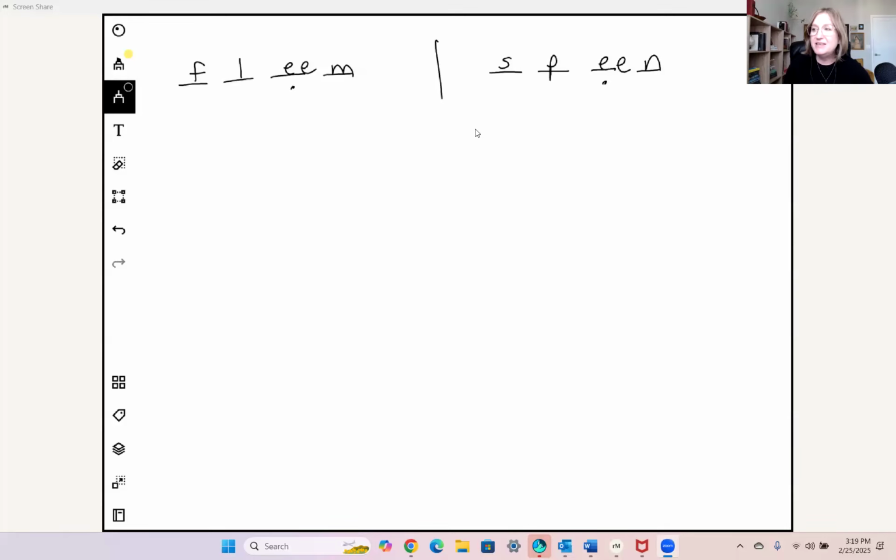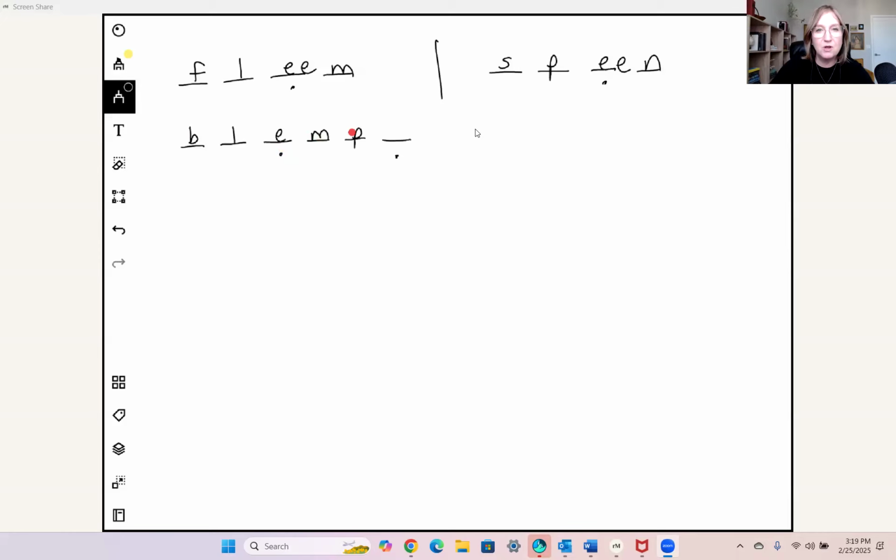Okay, number 2 is blempy. Blempy. B-L-E-M-P-E. Consonants first. B-L-E-M-P-E. For the short E sound I'm going to start with an E. Can that say short E in that spot?